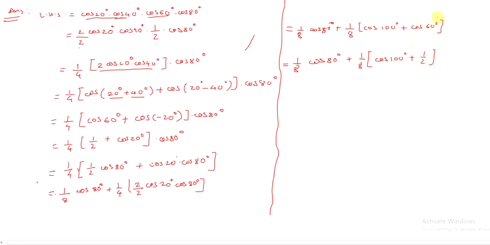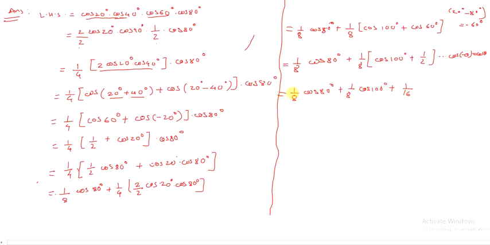Cos of minus 60 degree is again cos 60 degree, because cos minus theta is equal to cos theta. That's why cos 60, and cos 60 is equal to plus half, isn't it?